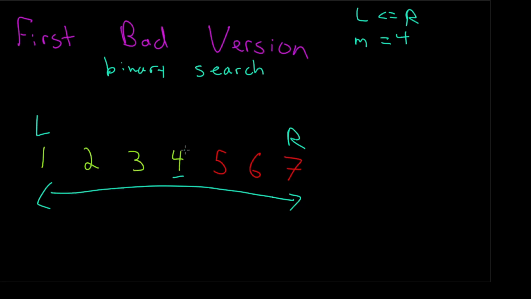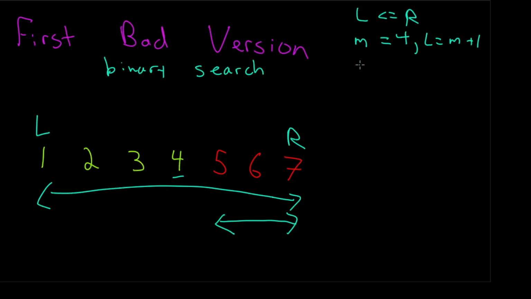If it's a good version, what does that tell us? So we look at 4, yes, it's a good version. So what that tells us is we need to contract our left pointer. So we're going to say L is equal to M plus 1. We're going to take our L here, and then we're going to erase these from consideration. The range that we're going to look at is going to be between the 5 and the 7.